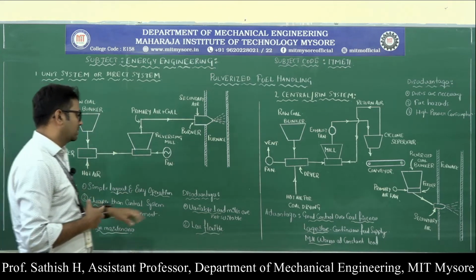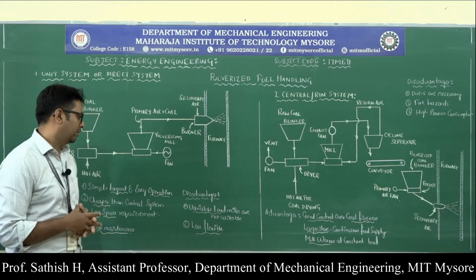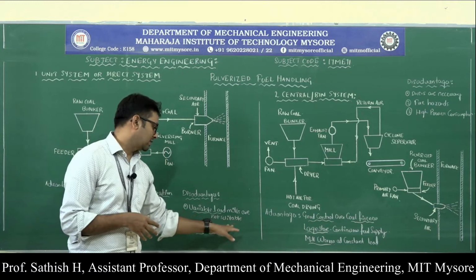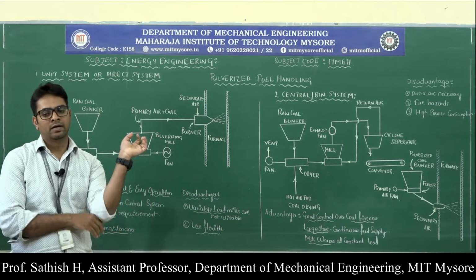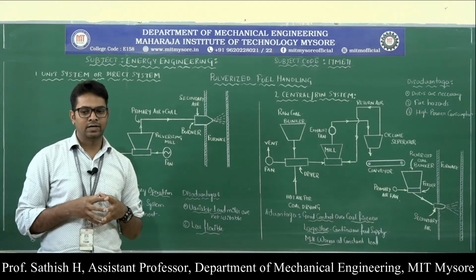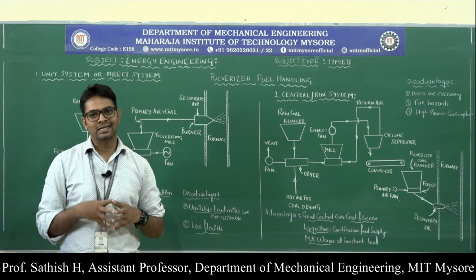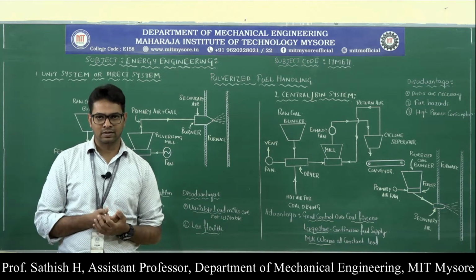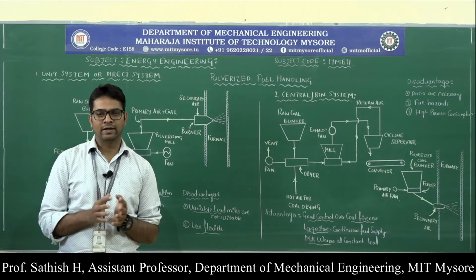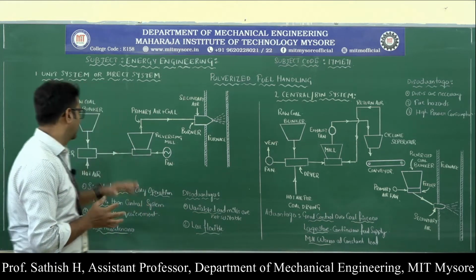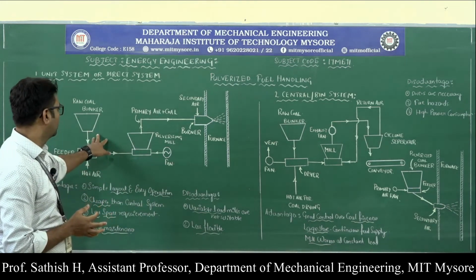Next, what are some of the disadvantages? Variable load mills are not suitable. If the load on the furnace is varying, then this system is not suitable, because we have a single bin here, the raw coal bunker.